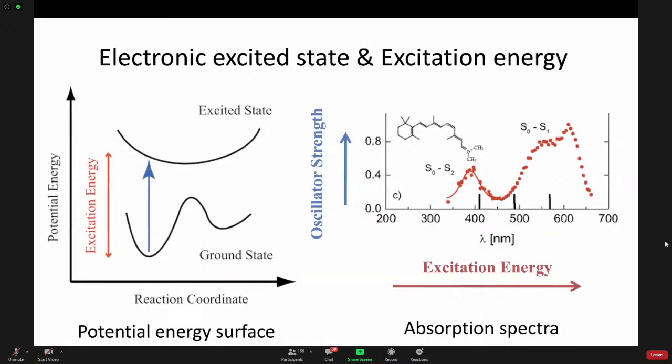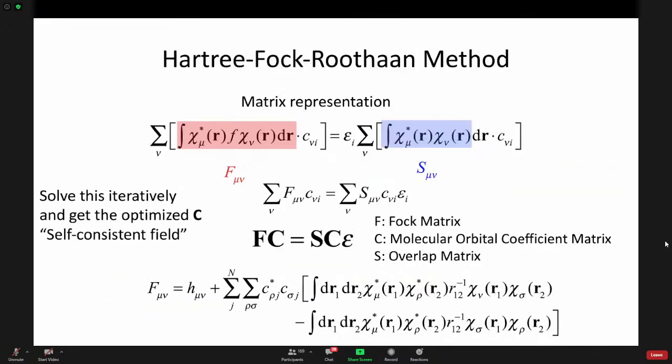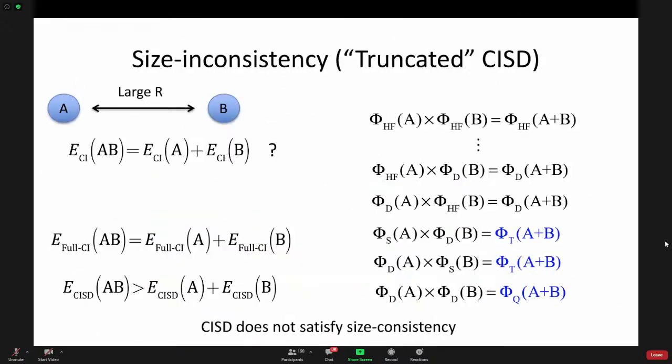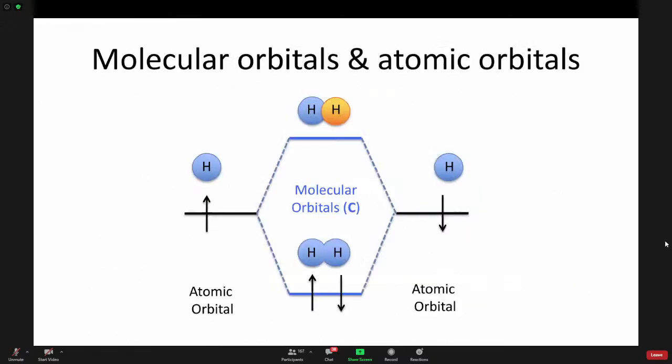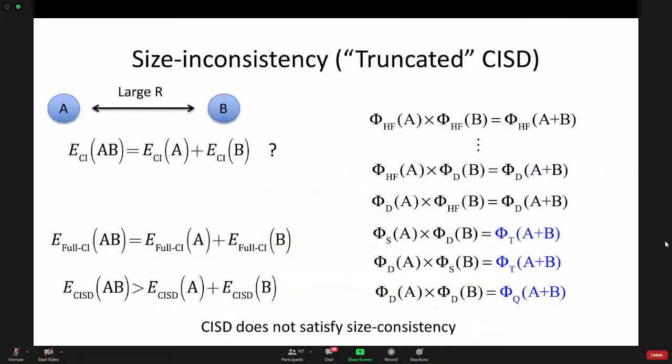And another example, there is not a good example. Oh, yeah, sorry, this part might be a good example. As an example, when you make these two atoms far away, this describes bond breaking and bond forming.